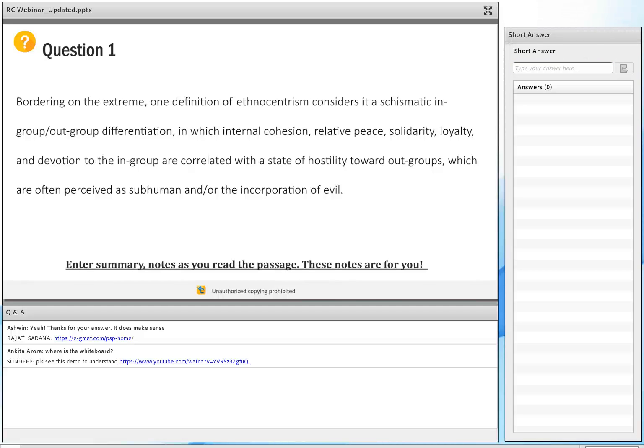Why don't you write down your summary as to what you summarized, and then I'm going to share the questions. Just write in the brief summary, because it'll be really good insight.